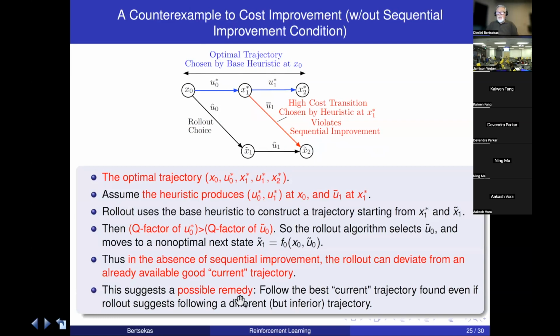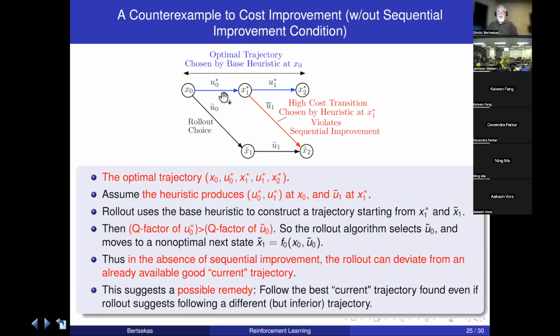Now, this suggests a remedy. Detect conditions like that, where we are about to veer onto a trajectory that's worse than what you have currently, and follow the best current trajectory found so far, even if the rollout algorithm suggests following a different but inferior trajectory.